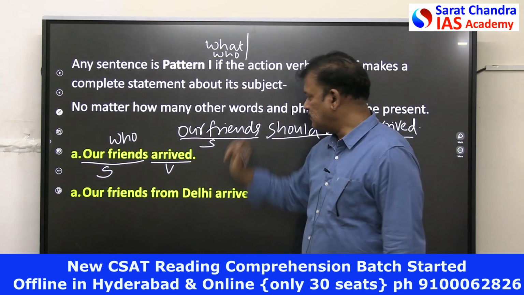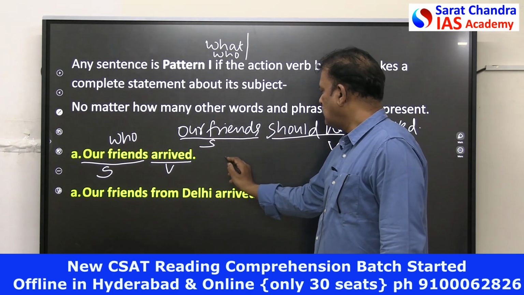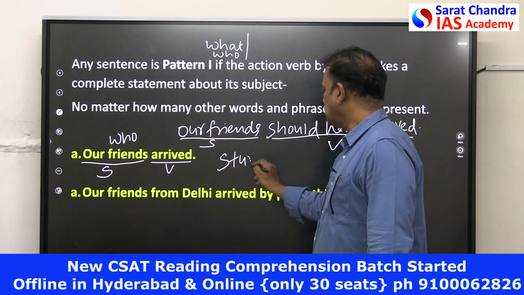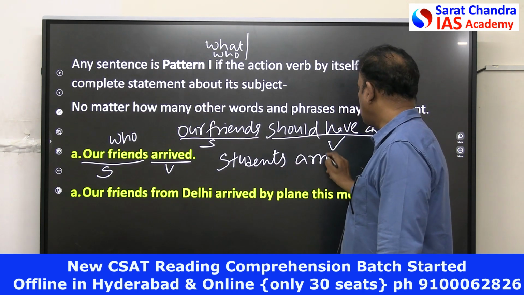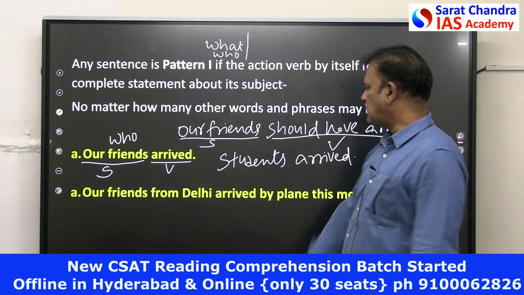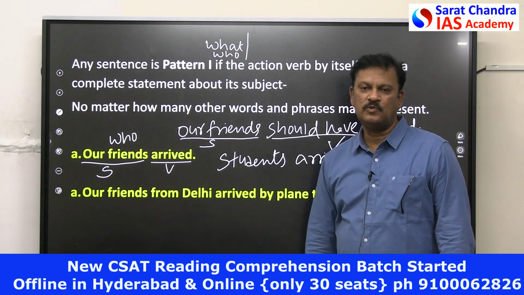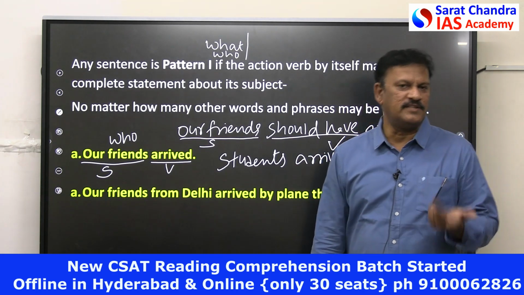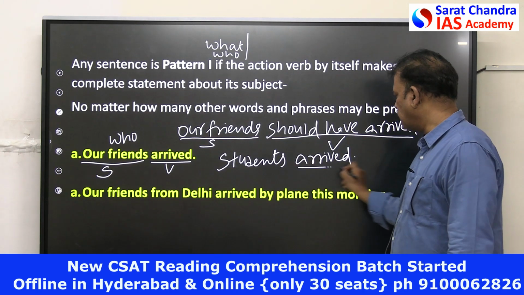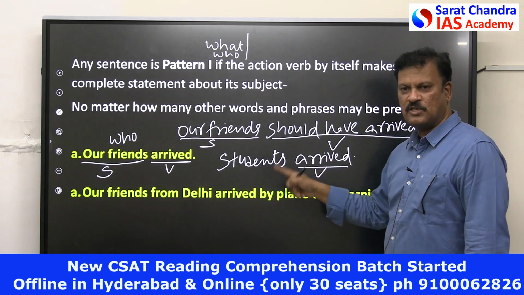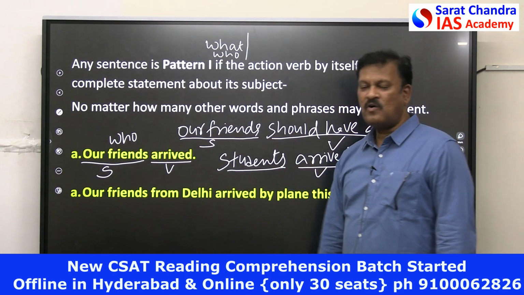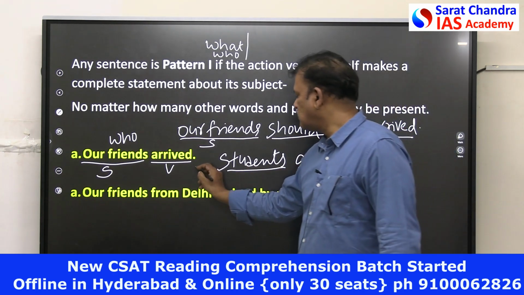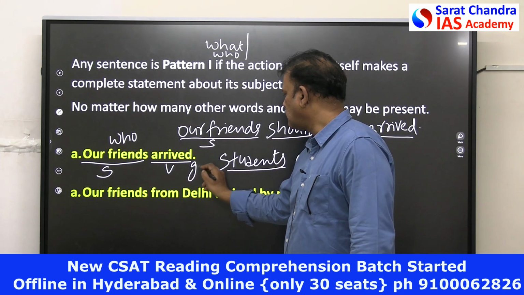And look at this one. Students arrived. Now, turn this into structure. Whenever I ask you to turn this into structure, start with the verb and put a question. Who arrived? Okay.